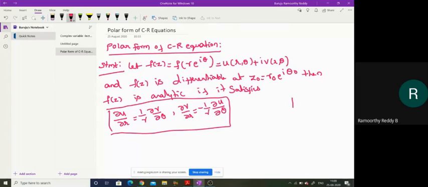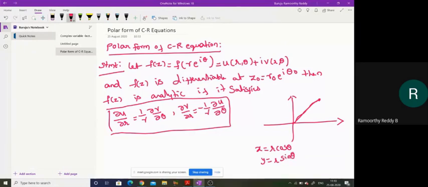So suppose this is x and this is y. This is your complex number z, and this is its modulus. In polar form, x equals r cos theta, where r is the square root of x square plus y square, the modulus, and y equals r sin theta.